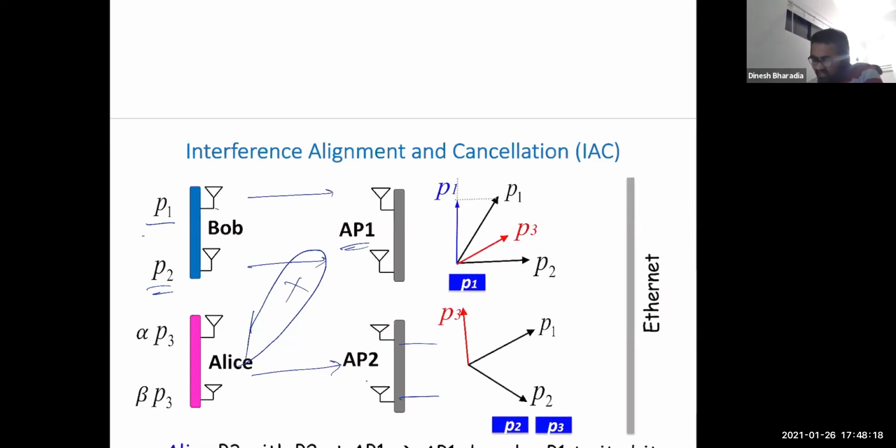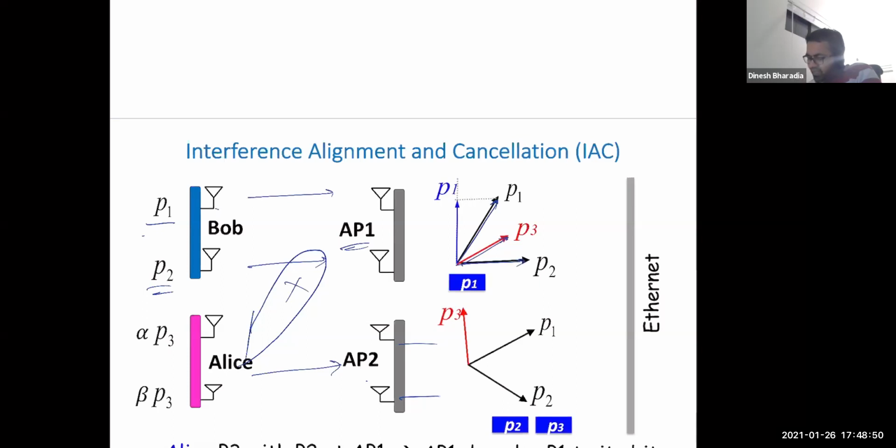The other strategy is that P3, you can rotate. Let's take an example here. P1 is here, P3 is here, and P2 is here.